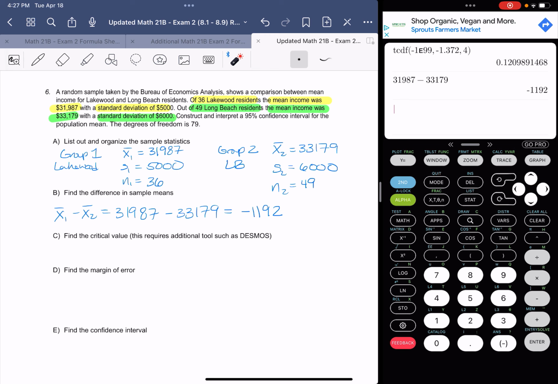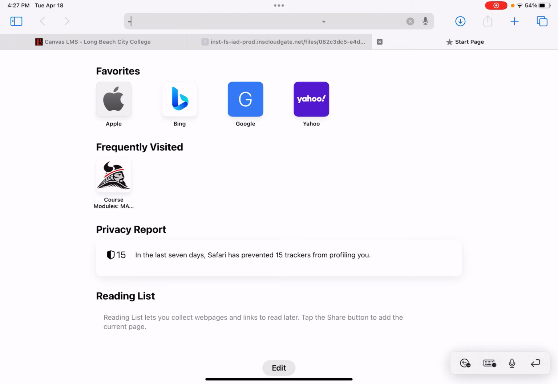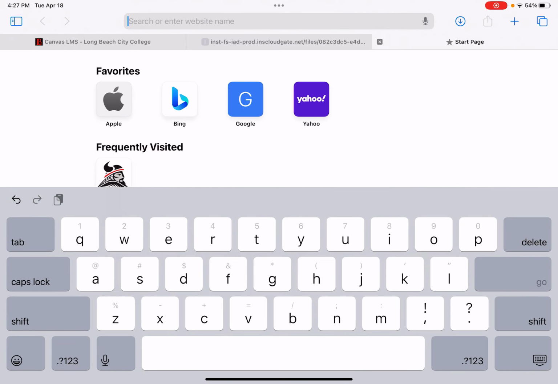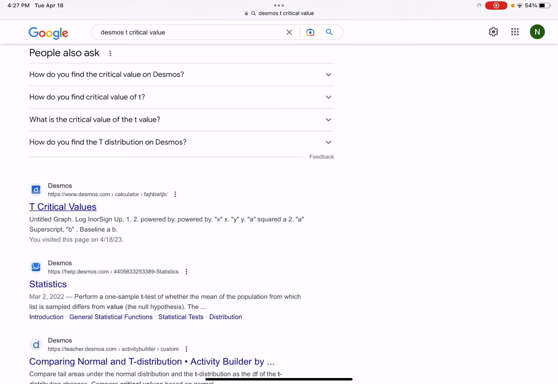So I'm just going to search for it. Well, let me type it in. There we go. So Desmos T critical value. Let's see if it pops up on here quickly. Oh, yeah, here it is. No, that's not it. Here it is. T critical values, Desmos, down here. That's the one you want.